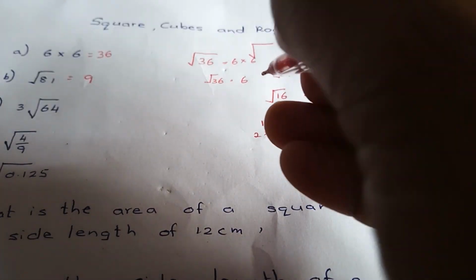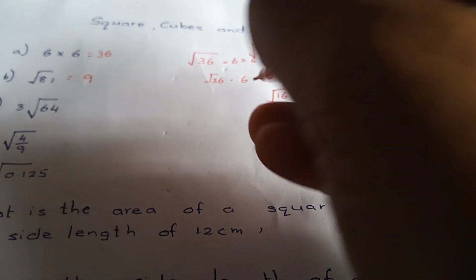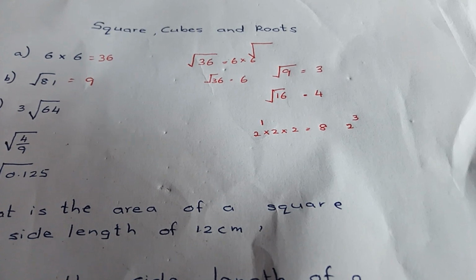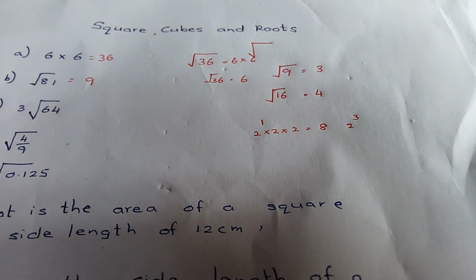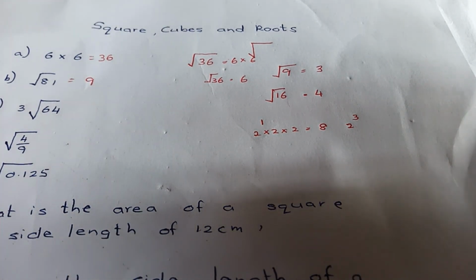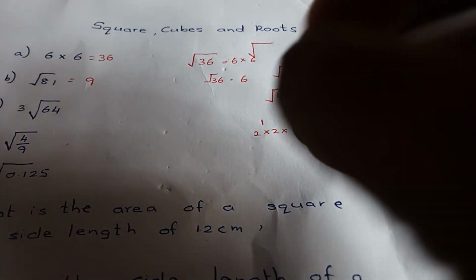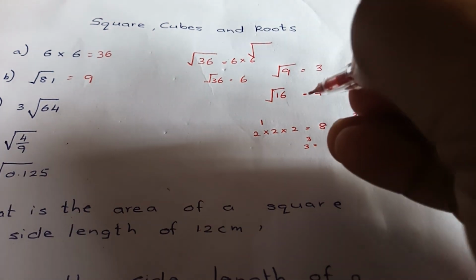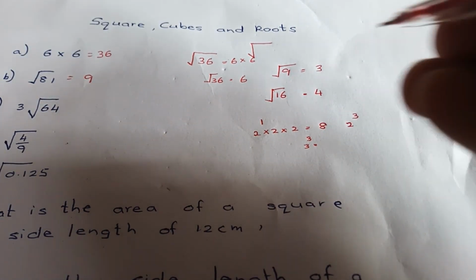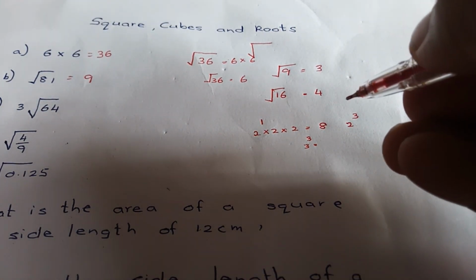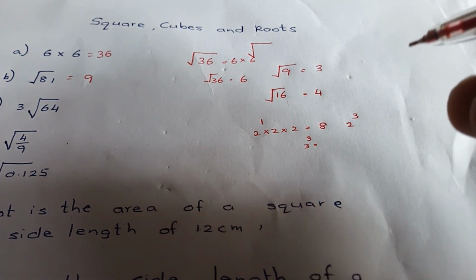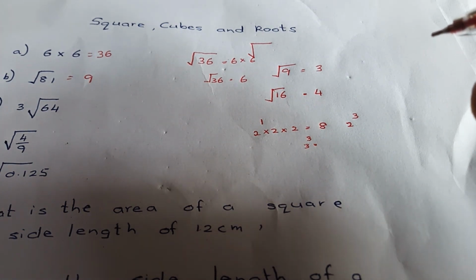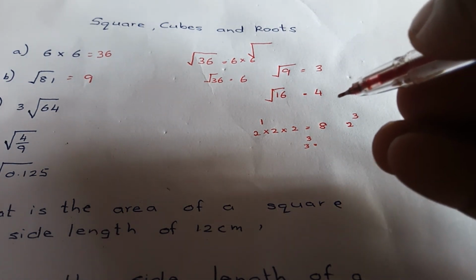How can we write 2 times 2 times 2 using indices? 2 to the power 3. So what's 2 to the power 3? It's 8. What's 3 to the power 3? It means 3 times 3 times 3. 3 times 3 is 9, 9 times 3 is 27. That is the cube number of 3. Cube number of 3 is 27.